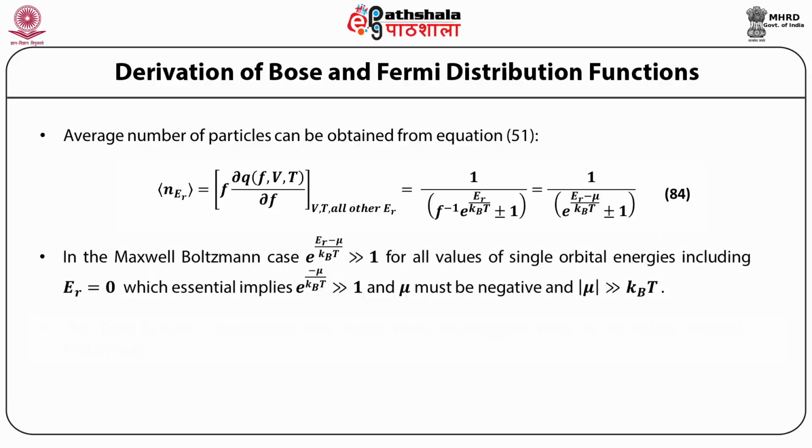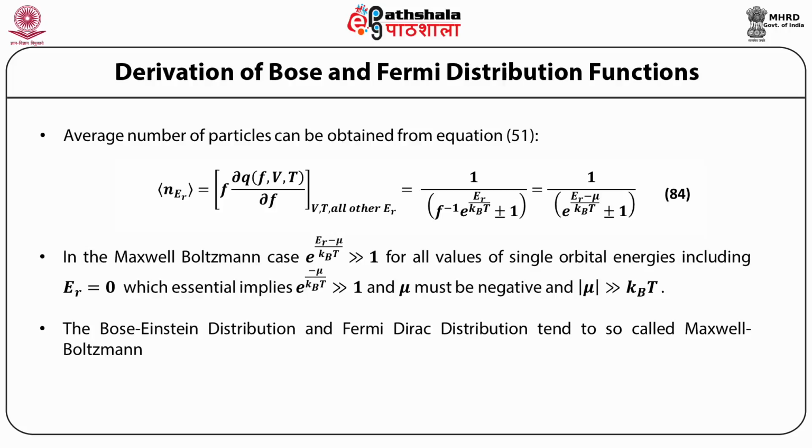In the Maxwell-Boltzmann case, e raised to power er minus mu upon kBT is very much greater than 1 for all values of single orbital energies including er is equal to 0, which essentially implies e raised to power minus mu upon kBT is very much greater than 1, and mu must be negative and the magnitude of mu must be very much greater than kBT.